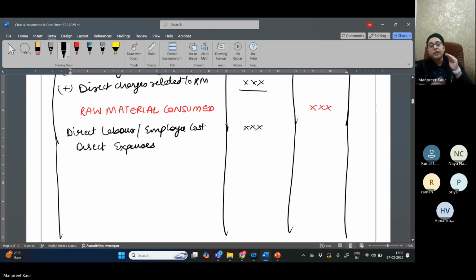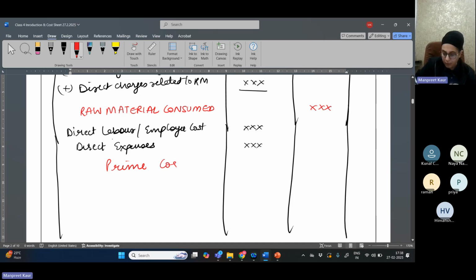But direct charges or expenses which is related to the raw material, which is directly identifiable, is adjusted in the raw material consumed. Raw material consumed plus direct labor plus direct expenses becomes the prime cost.